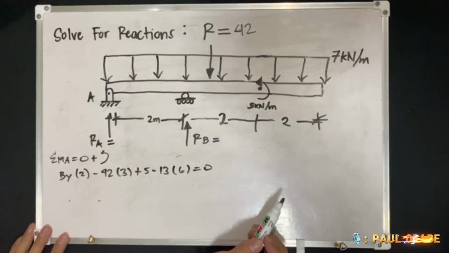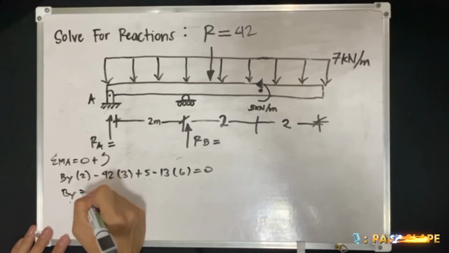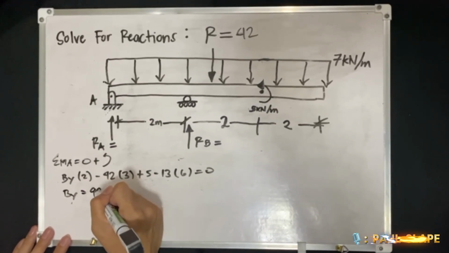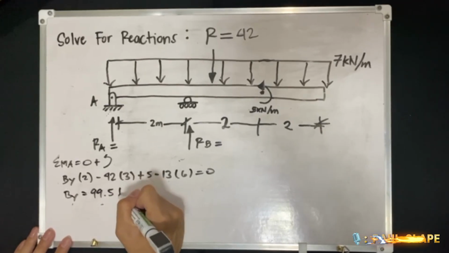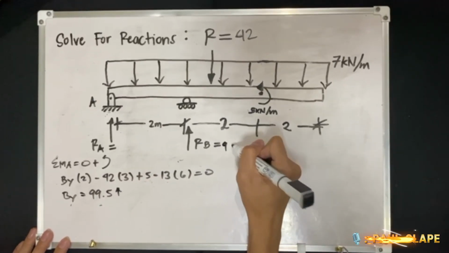Shift solve, By is equal to 99.5 upward. So this is our RB, 99.5 upward.